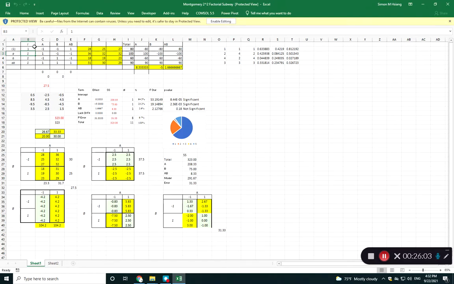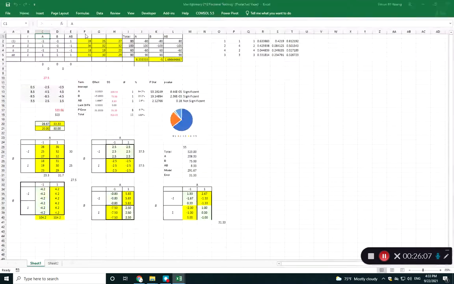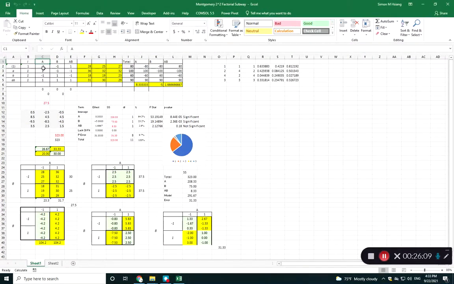I have A effect and B effect. Okay? So now we're going to use this view. In your last lecture, I talked about how when we do stuff, we can use 0 and 1. But for response surface or generally, we want to use -1 and +1. So now consider this, okay?